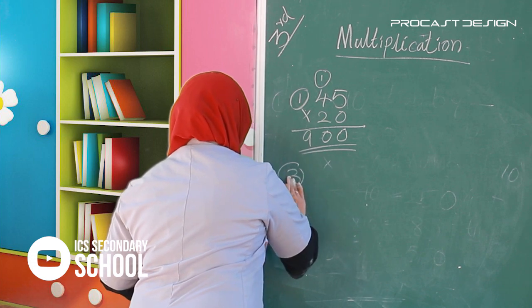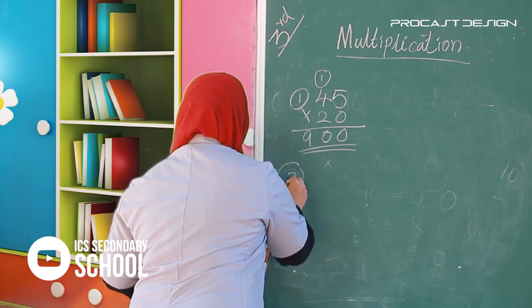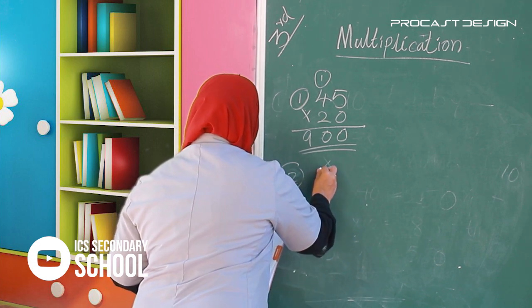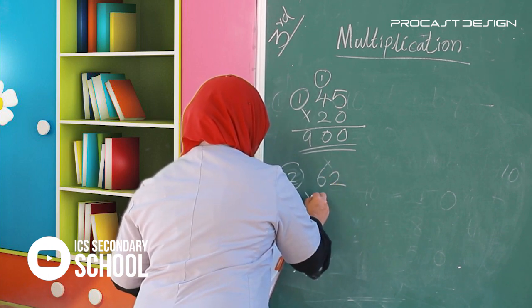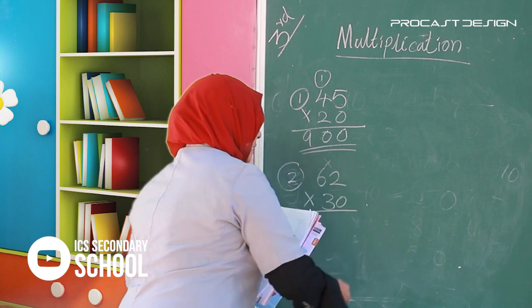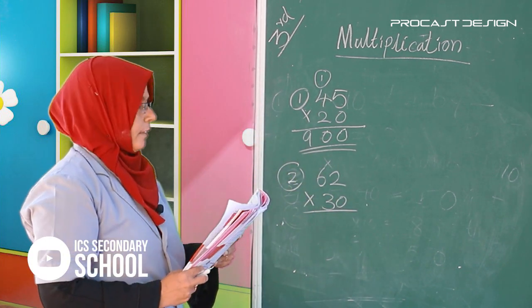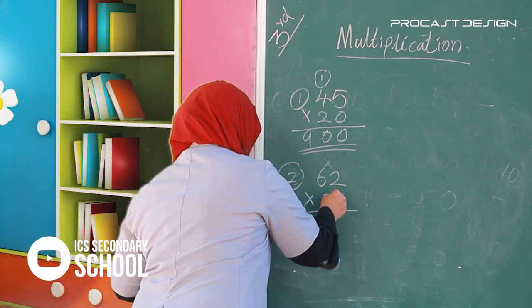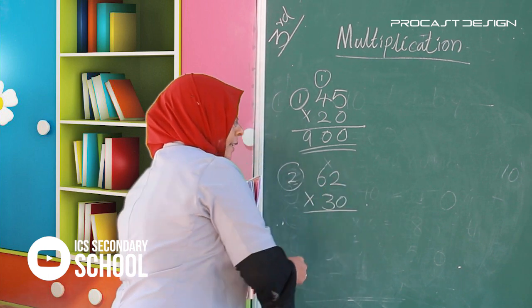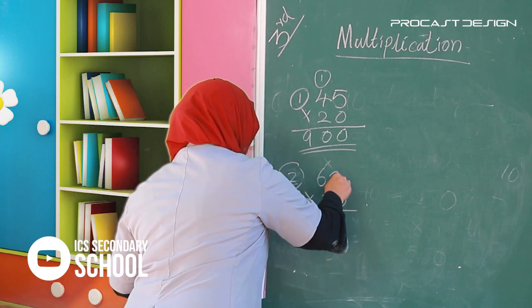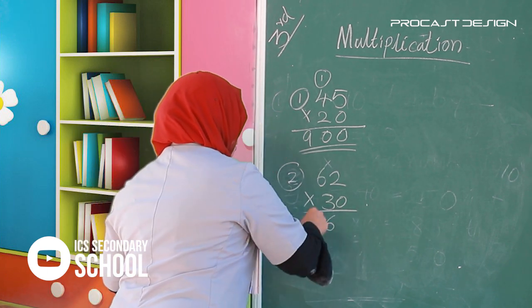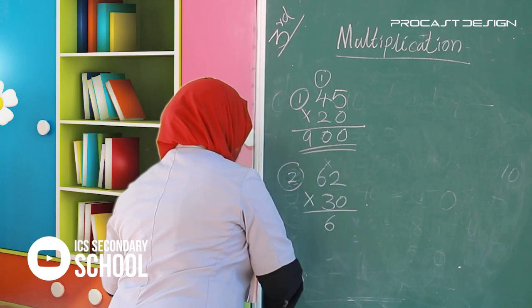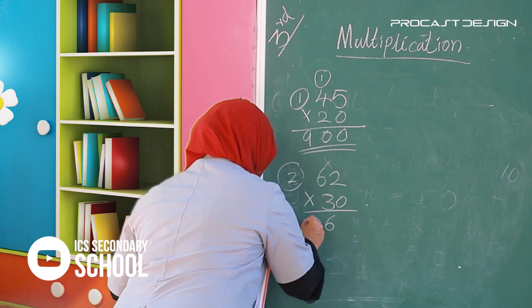Next, we are multiplying by 30. 62 into 30. We multiply by 3. 3 into 2 equals 6. 3 into 6, 18.